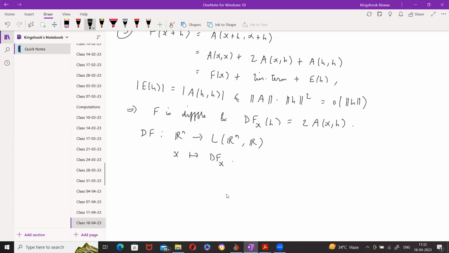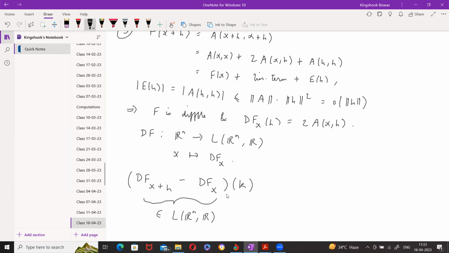We look at df at x plus h minus df at x, and then we apply this to a vector. These are both linear maps from Rn to R, so this whole thing belongs to L(Rn, R), and then we apply this to a vector k.